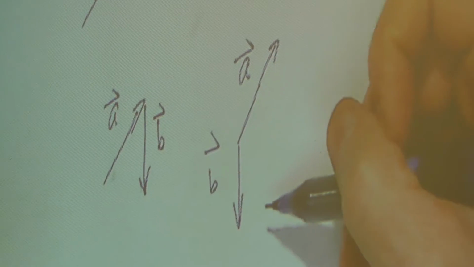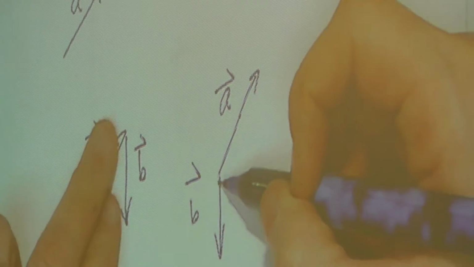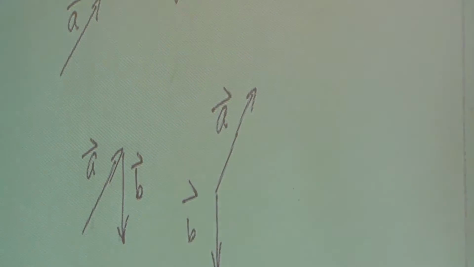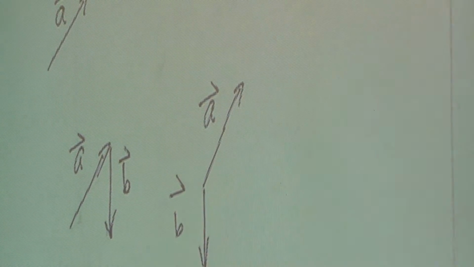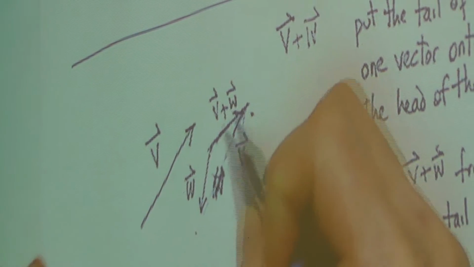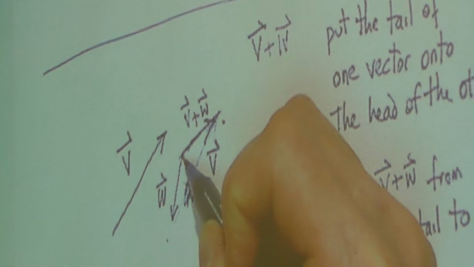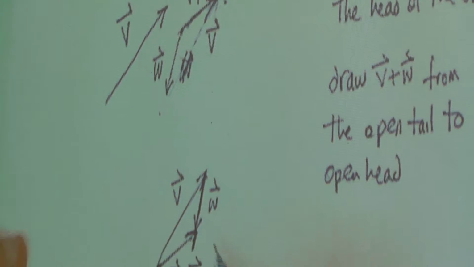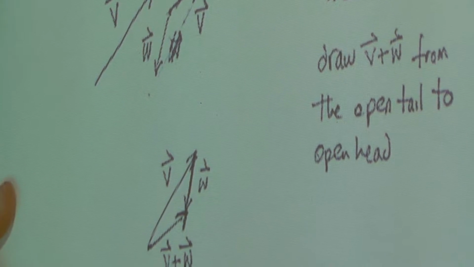All I'm saying is that I don't care where you draw B. If B begins here or B is drawn beginning here, it's still B. So he was asking about the fact that V plus W in this order starts at W, whereas down below, V plus W was starting at V. And what I was saying is, I don't really care where this vector has been drawn in.